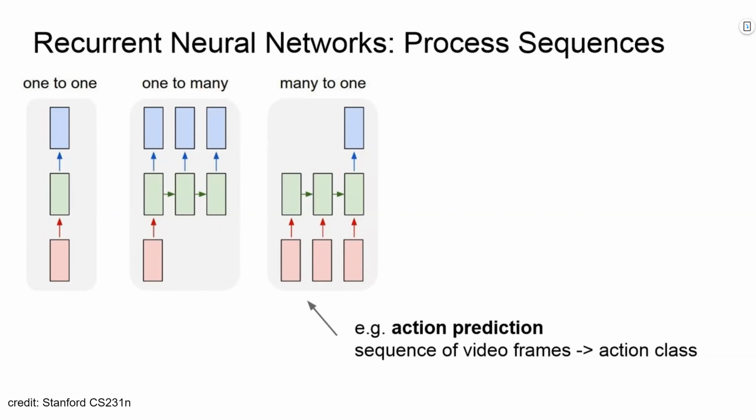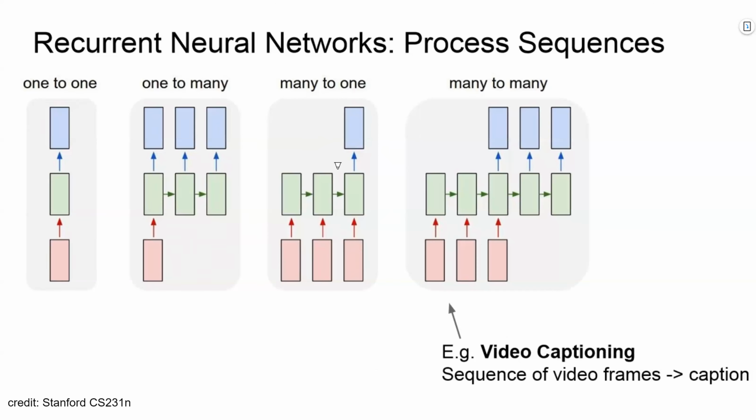And given a sequence of video frames, since a video consists of multiple frames, we want to predict what action is in the video. In that case, we receive multiple inputs and output just one vector. Another case is many-to-many video captioning, like a sequence of video frames and captions for each frame.